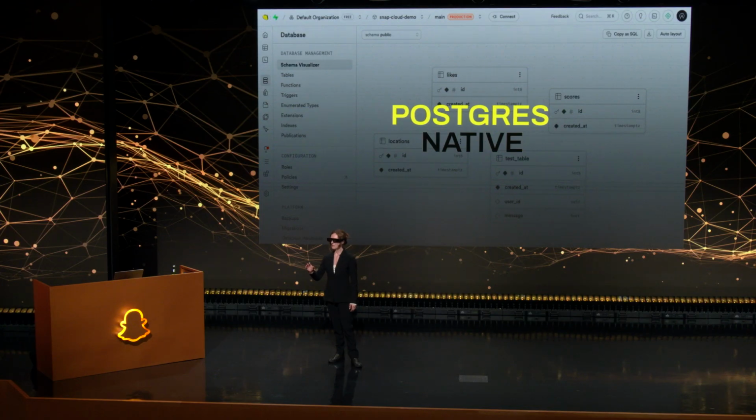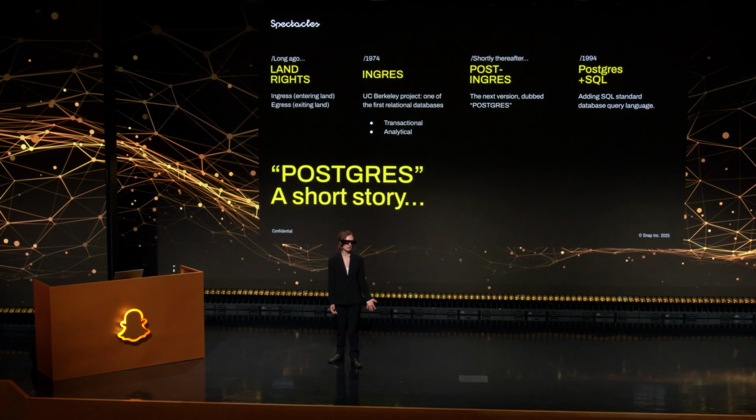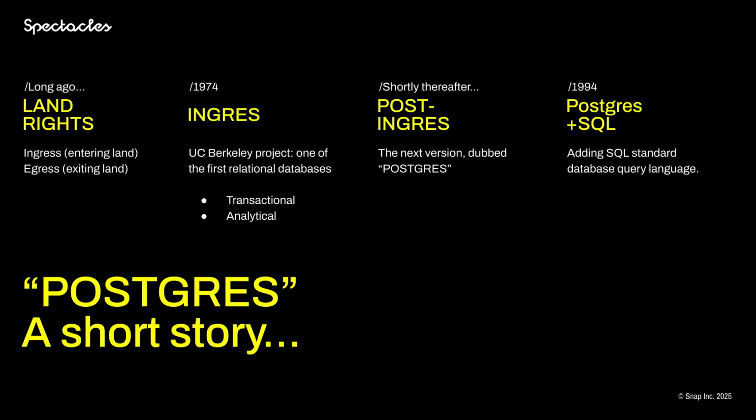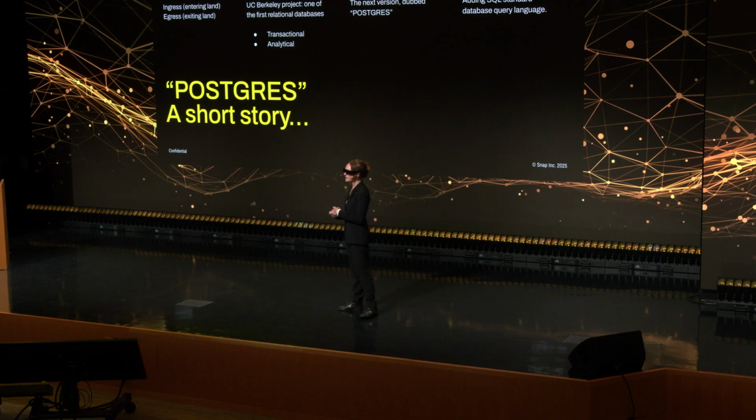So I'm going to talk a little bit about Postgres. Maybe you already know this. The term originates from terminology related to land rights. It kind of makes sense, right? Ingress is for people entering a new land, and egress is for people exiting the land. In 1974, one of the first relational databases was made at UC Berkeley, and it was called Ingres.